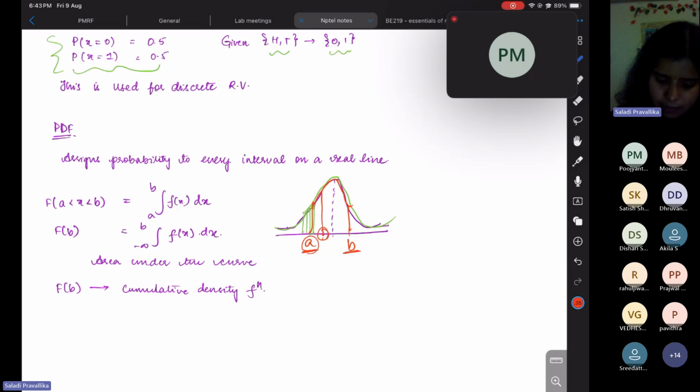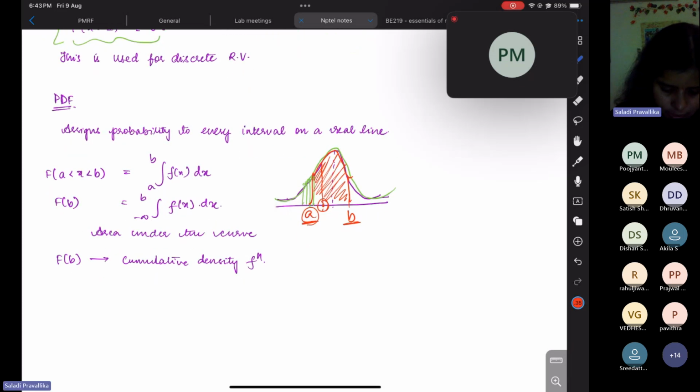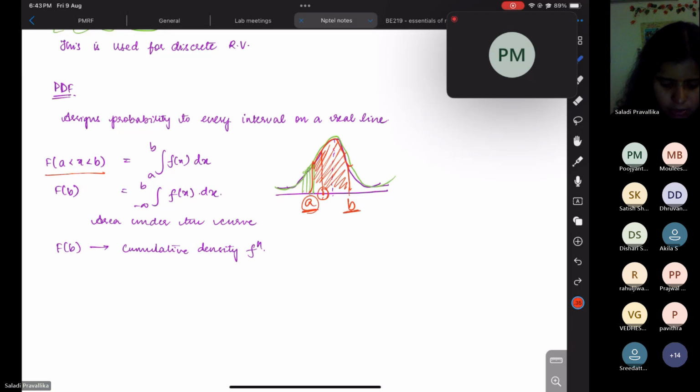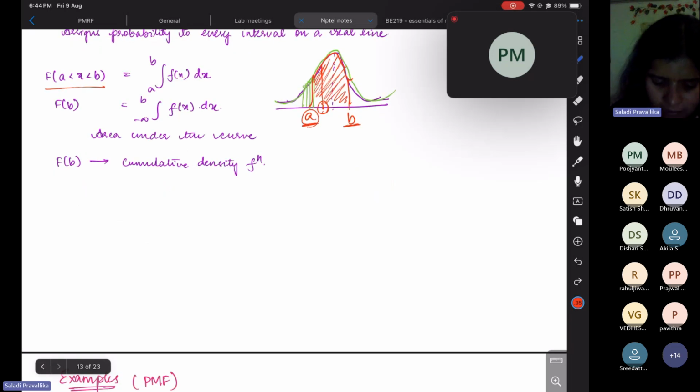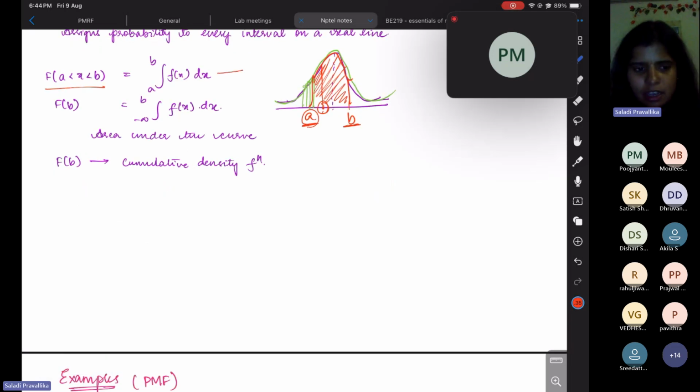The probability will be the area covered under this curve. That is it. So the probability of having x in between A and B is nothing but the area between A and B, and we denote it with integration.